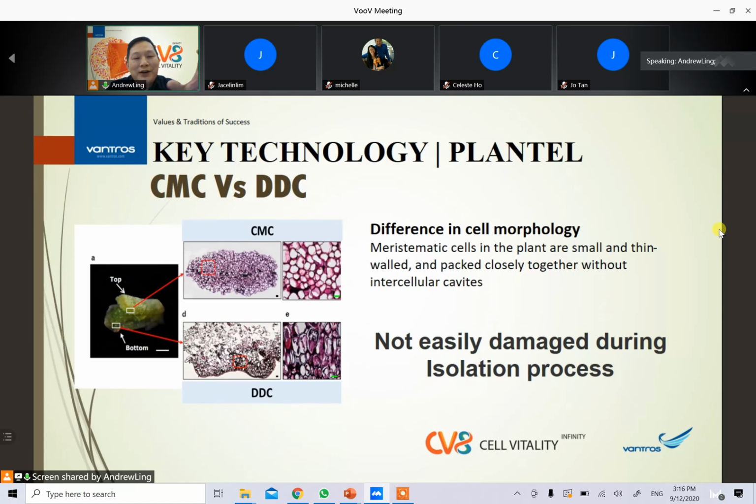That is why, during the isolation process, when you get these cells out of the plants, DDC cells are very easily damaged as compared to CMC cells. CMC cells are not easily damaged at all and are much easier to take out. This is the first difference between these two types of cell.